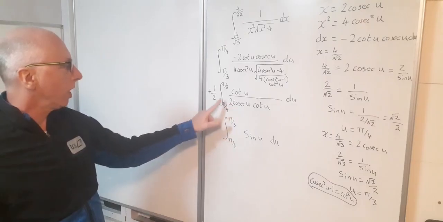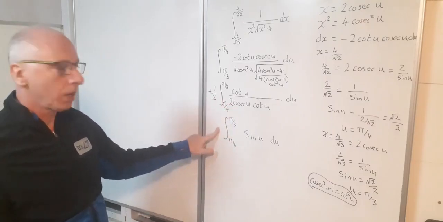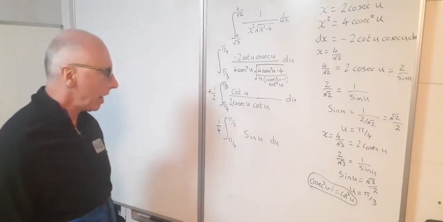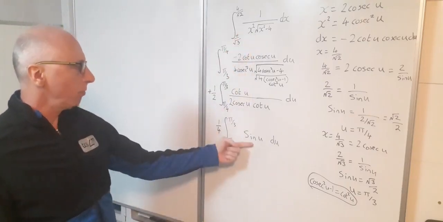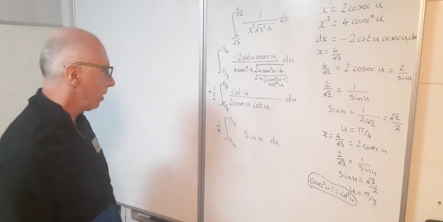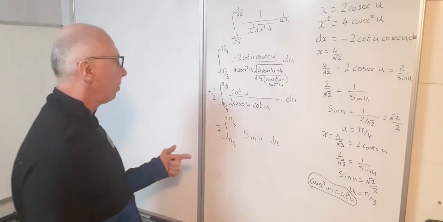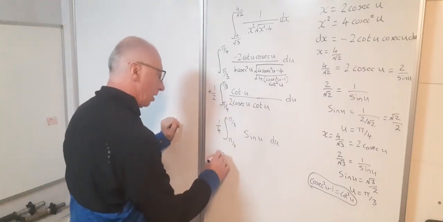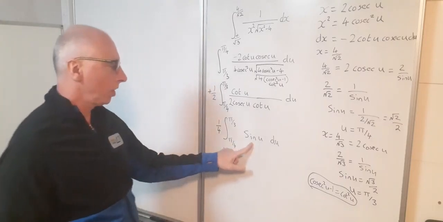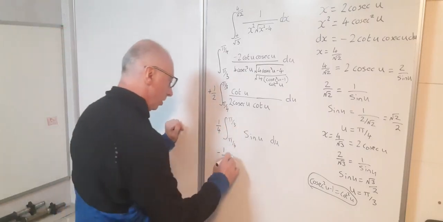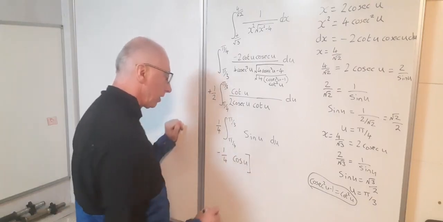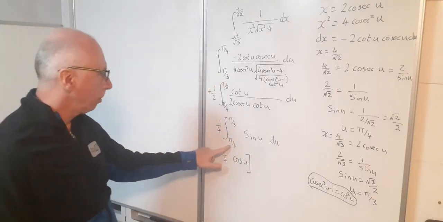I've got a 2 here and a half here, so I just put a quarter there. Now I'm just left with the integral of sine of u, nice and straightforward. The integral of sine of u is negative, so it's negative 1/4 times cosine u, and then integrate that from pi over 3 to pi over 4.